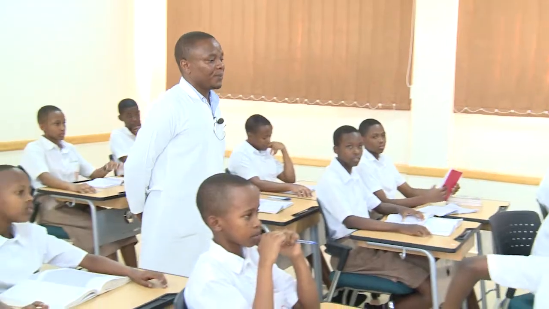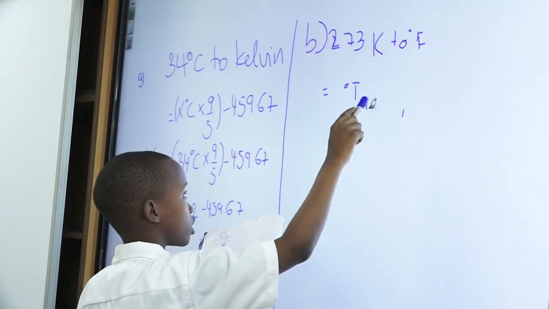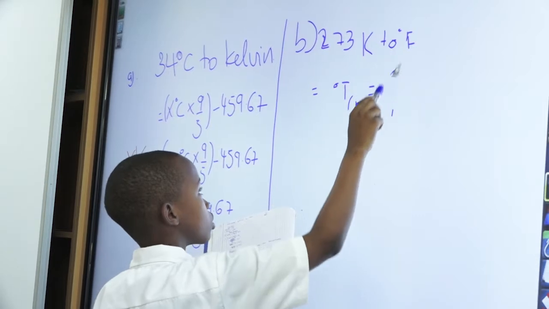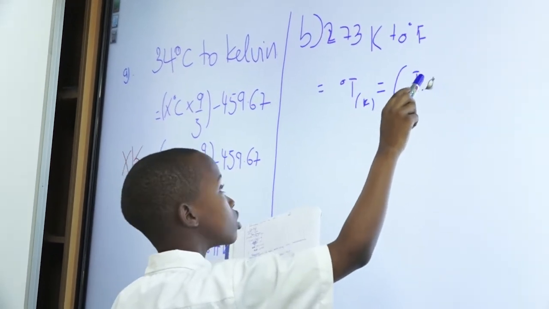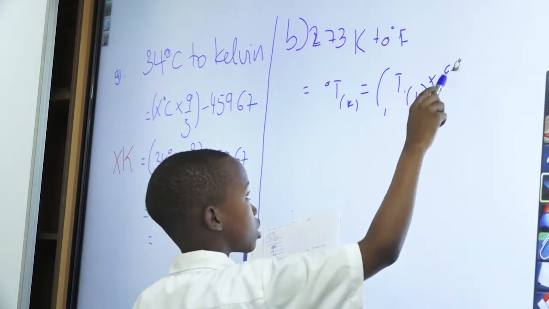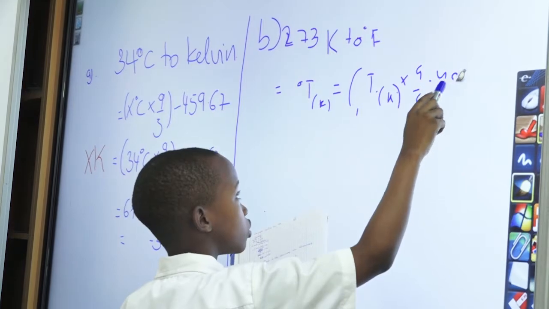So we say that the formula is temperature in Fahrenheit is equal to temperature in Kelvin times 9/5 minus 459.67.